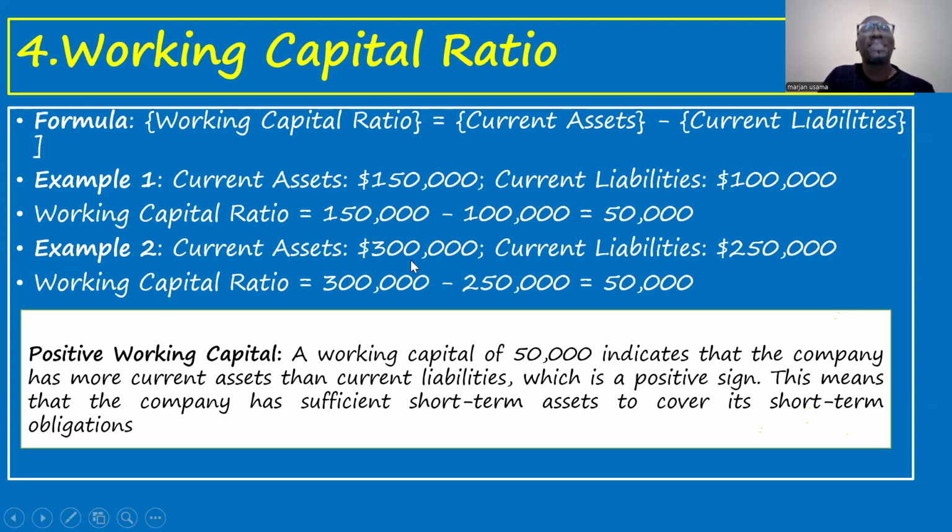The second example is 300,000 minus 250,000. As easy as that, you get $50,000. Now, positive. If you get a positive number, it's okay. So a working capital of $50,000 indicates that the company has more current assets than current liabilities, which is a positive sign.